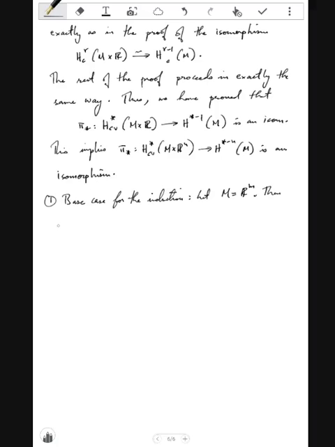Then since R^m deformation retracts to a point, the bundle is trivial.